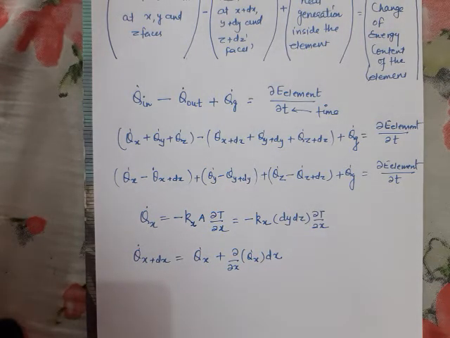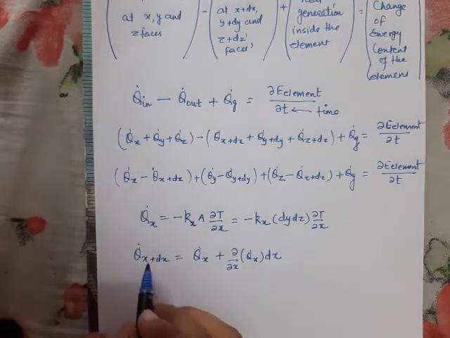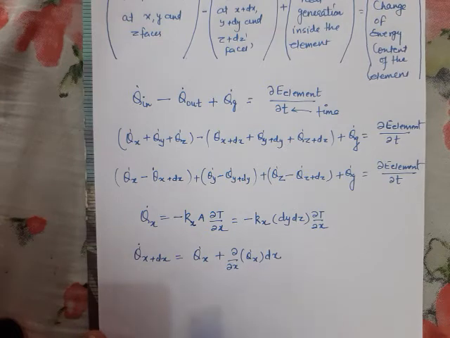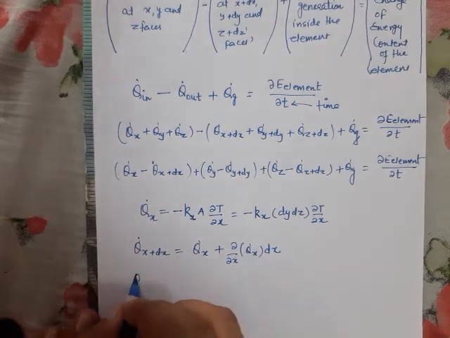Please go through the Taylor series expansion, where you will find the formula: if the value of the function at X is f(x), then the value at X plus h is f(x plus h). From there it has come. So if Qx, then Qx plus dx can be written as Qx plus del upon del X of Qx into dx.